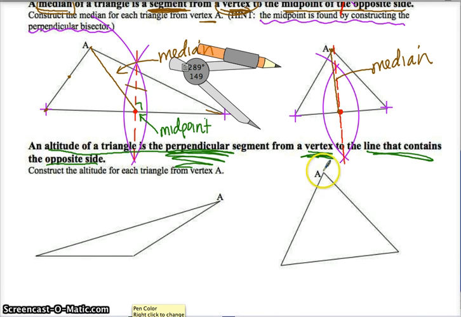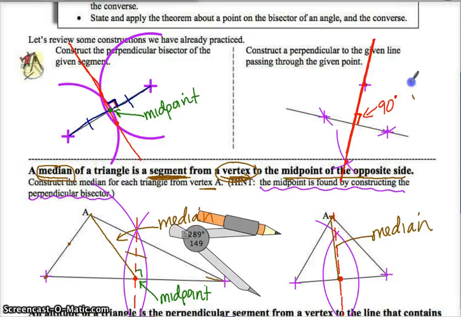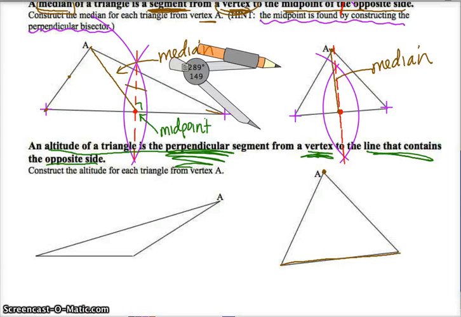Well, hopefully you can see this is my point, this is my line segment, and that basically is this construction right here. Remember, here was my point, here was my segment. I had to do a 90-degree angle or perpendicular going from this point, intersecting this line segment right here. It's the same thing with an altitude.